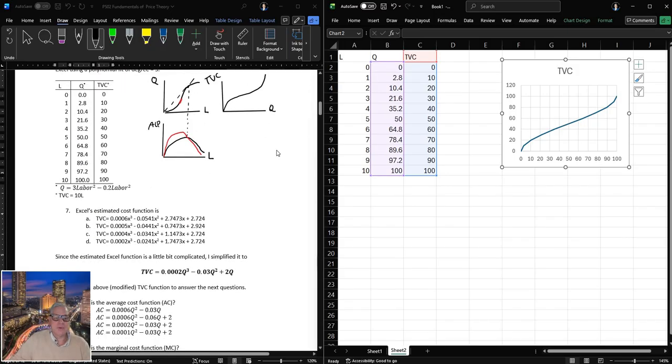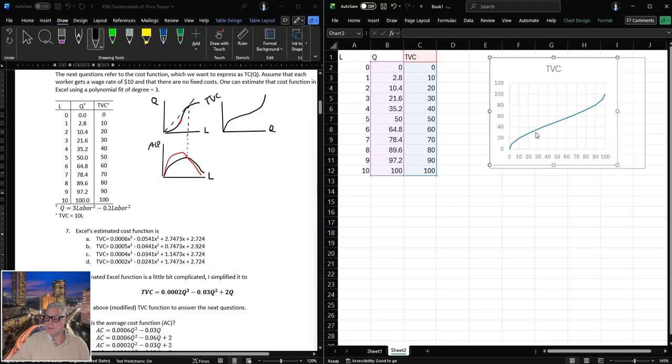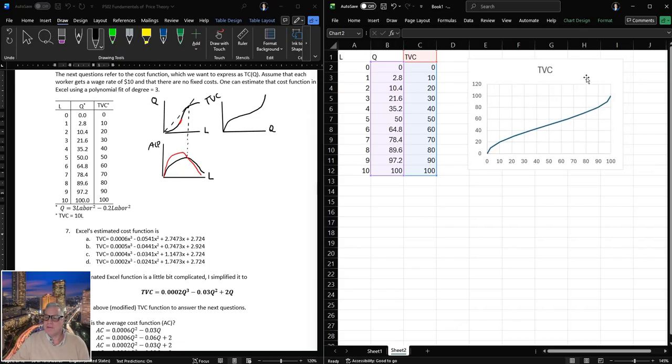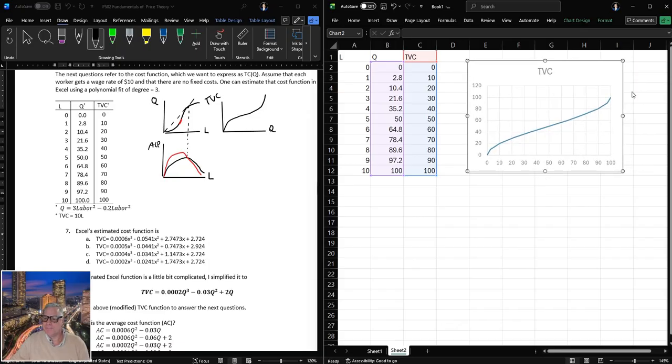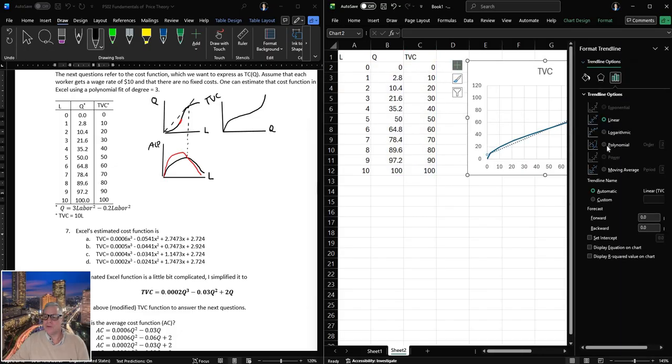But what we can do is task Excel, whether Excel could be so kind to estimate that function. And for this we have to use a trend line, and specifically a trend line which is polynomial, and polynomial of degree 3. So here we say 3. And then we say OK.